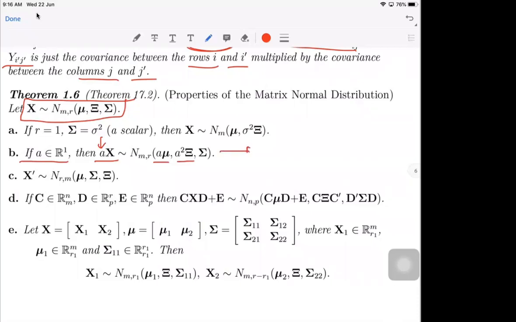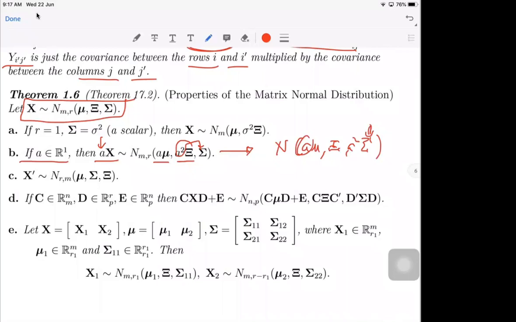Or if you want to put A squared in sigma, it can be normally distributed with A mu, psi, and then A squared sigma. So the constant will be among the columns.